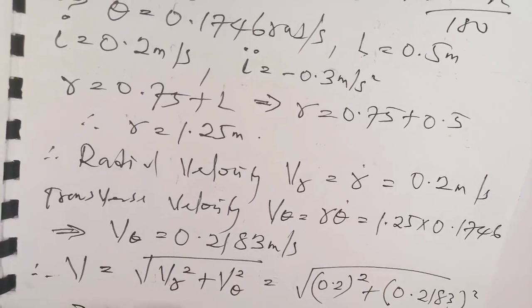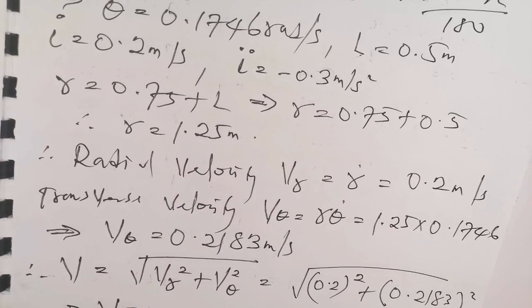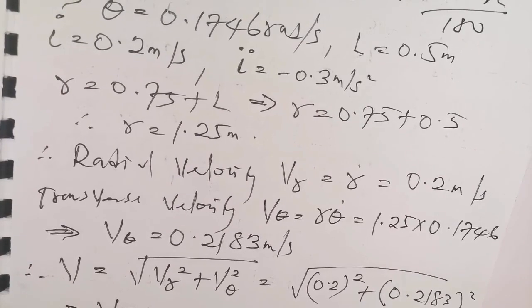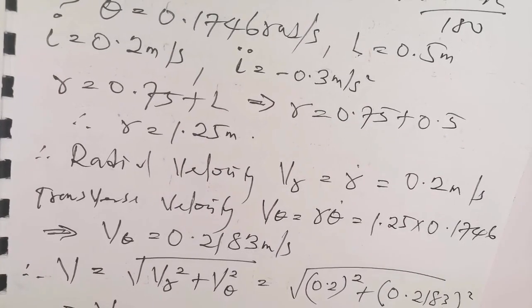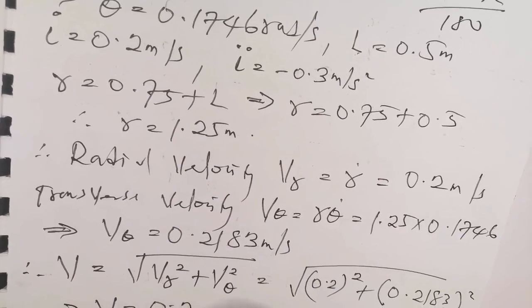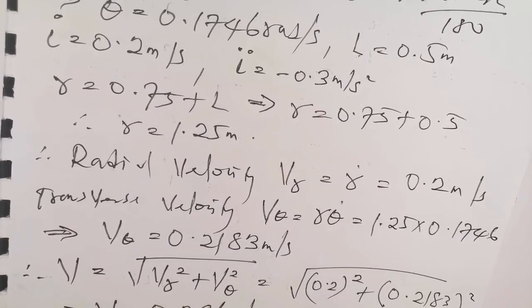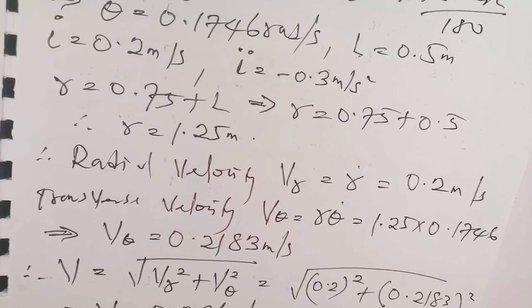So it means v is 0.296 meters per second. So this is our velocity magnitude.